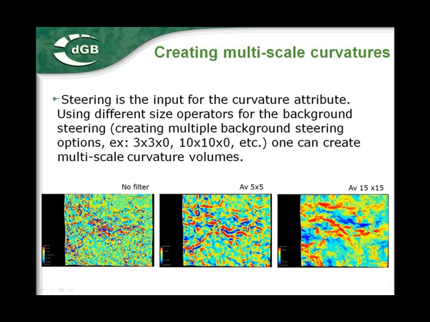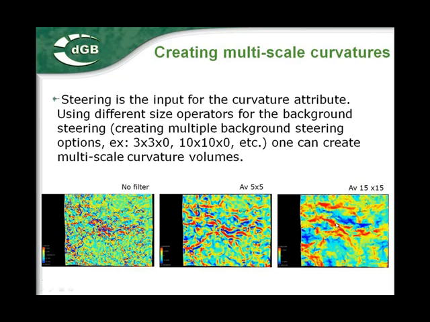So this is the original, just a detailed steering cube. This is after applying a 5x5 averaging filter to the steering. You see that it's essentially the same data minus some fine-grained noise, but most structures that I find here, I find back here, with a little bit less resolution.